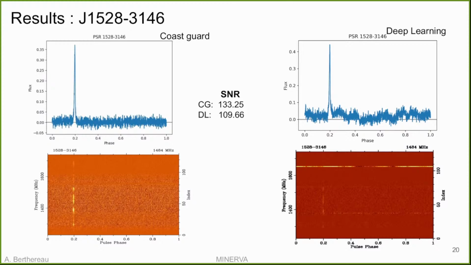And here the cleaning is not that bad, not as bad as 1909, but there's still some trouble with the strong RFI that you can see on the top of the frequency versus pulse phase plot. And so this is still the same trouble. You have a baseline that contains sinusoidal noise.